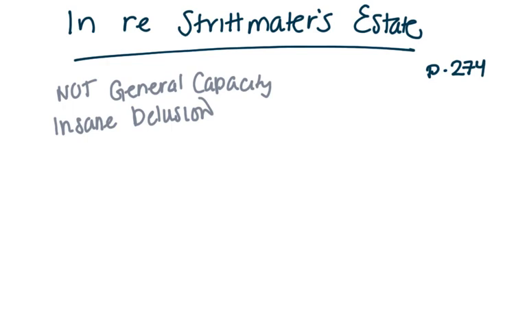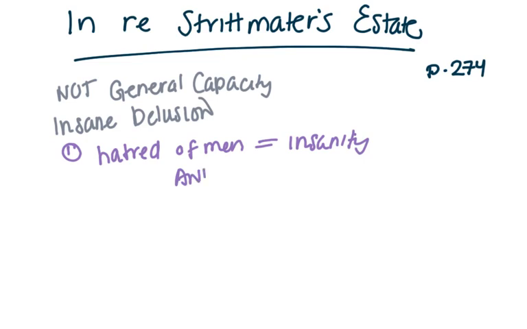So the issue before the court was twofold. The first was, did Stripmatter's hatred for men demonstrate insanity? And if it did, did that hatred then cause her disposition?